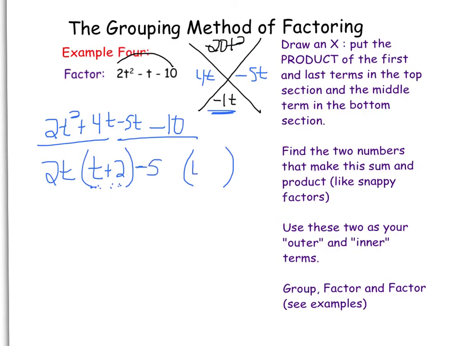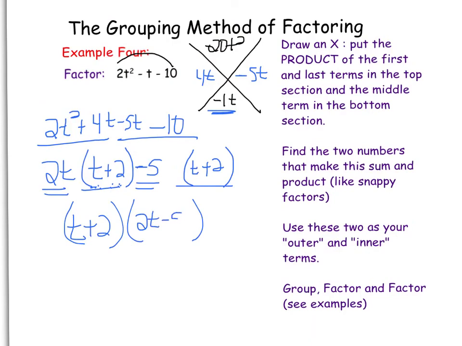Negative 5 times t gives me a negative 5t, and negative 5 times a positive 2 gives me a negative 10. So now they do have the t plus 2 in common, and what I have left is a 2t minus 5.